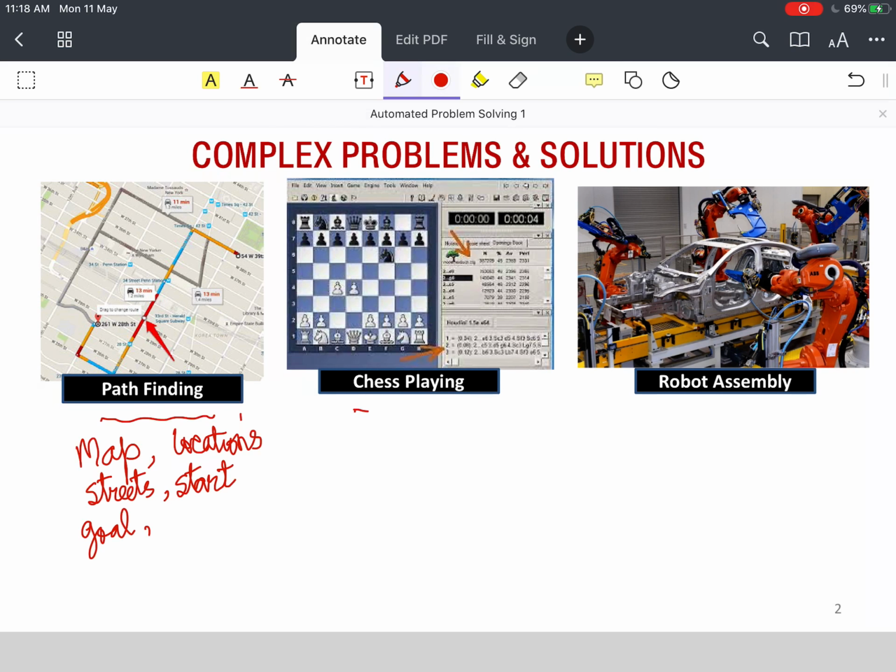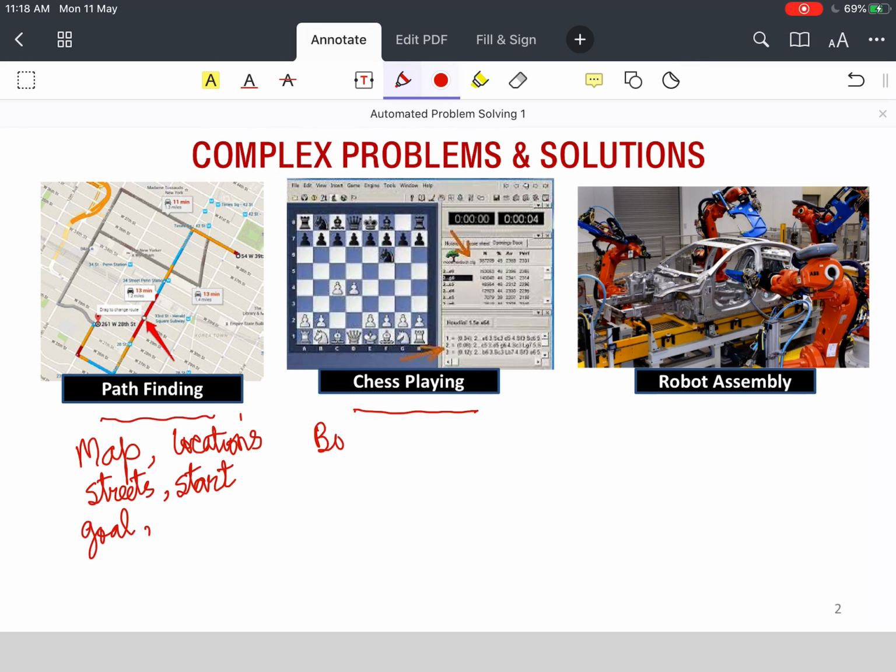Let us consider the second complex problem. Chess, as we all know, is one of the most complex games which require a high level of intellect and practice. Now for chess, there are various specific programs which are chess playing programs, and we know that there are chess playing programs which beat human world champions. Now, what is the structure of the chess playing program?